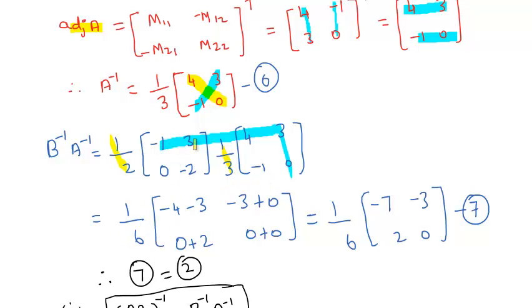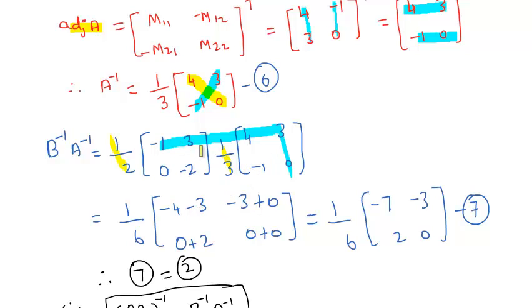And then next multiply the matrices. How do you multiply the matrices? Simply applying the L-shaped rule. That is, you multiply the first row with the first column and then the first row with the second column. First I will multiply the first row with the first column. What value will I get? Minus 1 into 4 is minus 4, and 3 into minus 1 is minus 3.